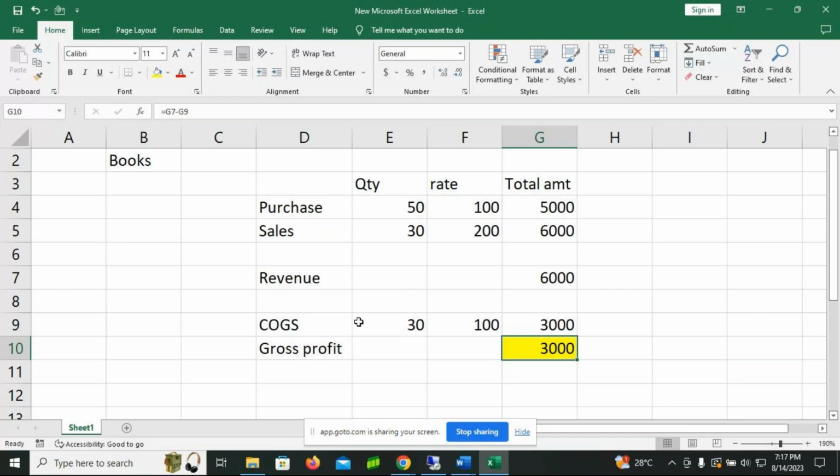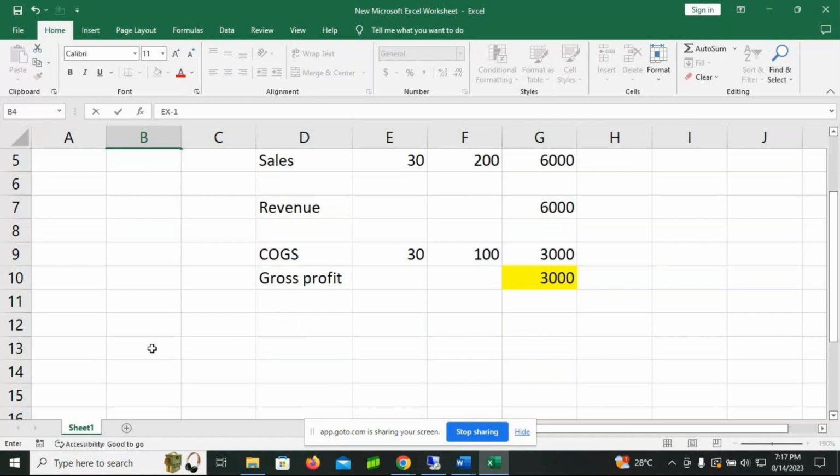COGS means cost of goods sold. So 30 books I have sold, wherein I have bought each book for 100 rupees. So 3000 rupees I have spent on the books that I have sold. So gross profit, if you see, is revenue minus COGS. So this is example 1.